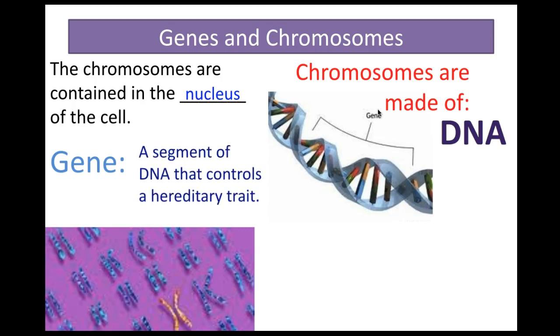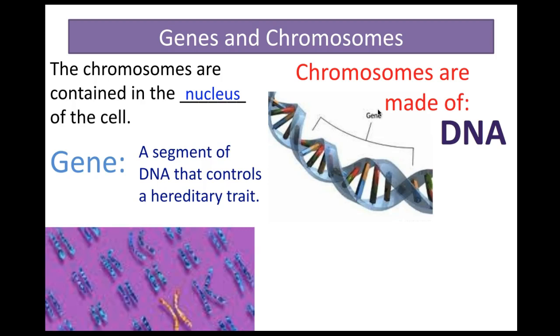We've already talked about a gene, but it is a short segment of DNA that controls a trait, and specifically a hereditary trait, something that you get from your parents. So go ahead and write that definition of gene there for me.